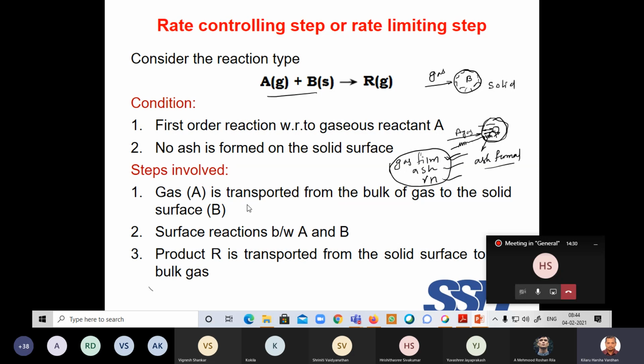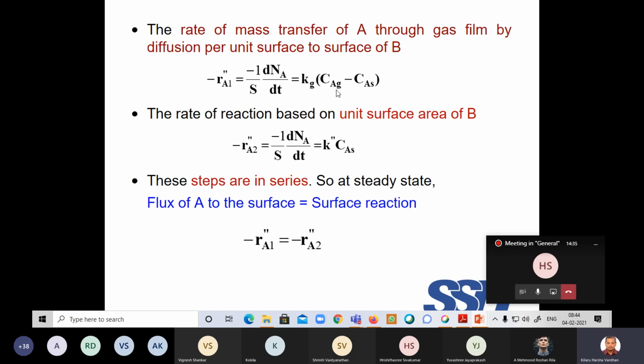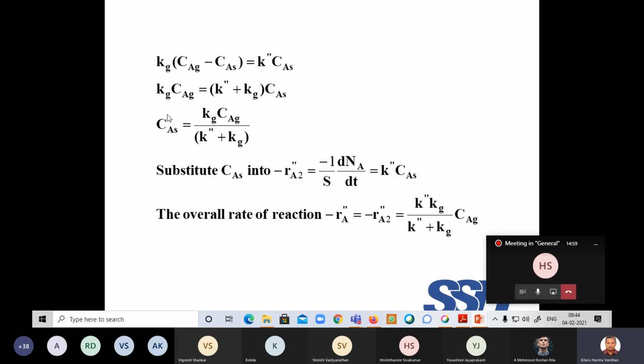Then you write in terms of intrinsic rates, assuming that the steps are in series at steady state, so all the intrinsic rates will be equal. You make that assumption to get the unknown, that is CAS, the concentration of the gas on the solid surface. Therefore, you get CAS in terms of the known quantities.